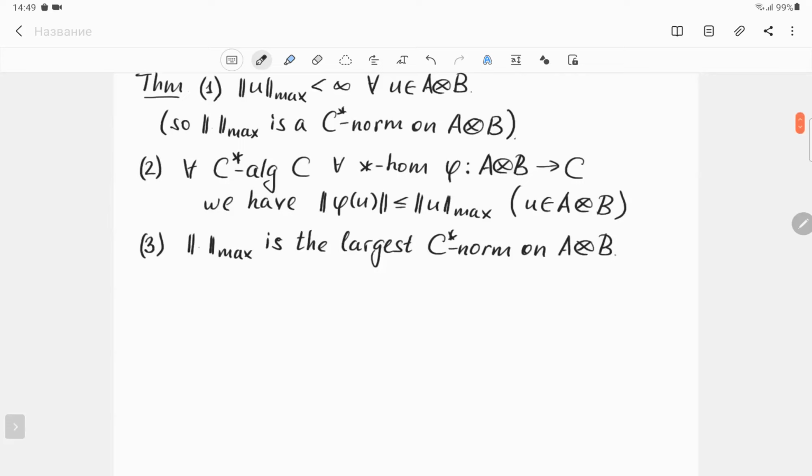And finally, property 4 tells us that the maximal C-star norm, like the spatial C-star norm, is a cross norm, in the sense that if we take an arbitrary elementary tensor, then the norm of this element is equal to the product of the norms of A and B.